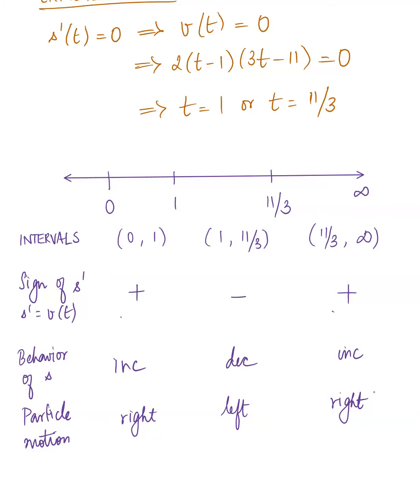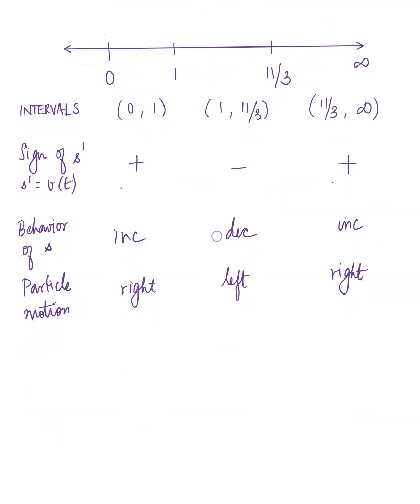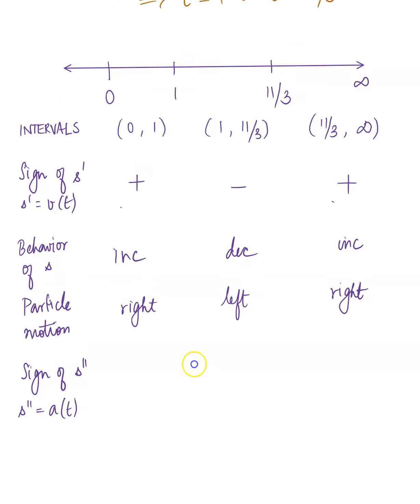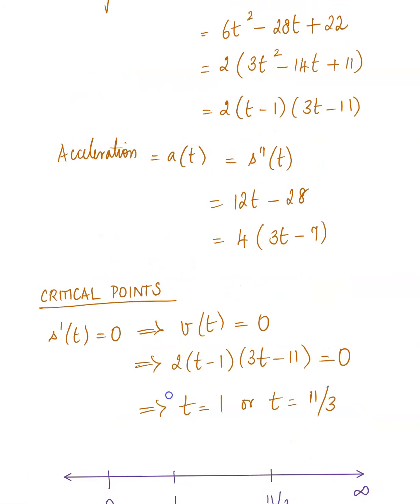Now we'll also consider the sign of the second derivative, because that will help us with the concavity. Sign of s double prime. For our convenience, s double prime is nothing but the acceleration. For that we need to consider the second derivative's equation and set it equal to 0, because that's where we will know where the sign changes.